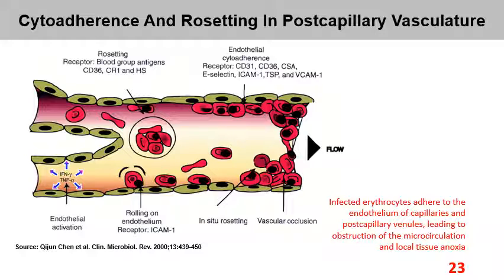Sequestration could be augmented by the ability of spontaneous rosetting, that is, the coming together of those red cells. Please note that infected erythrocytes often adhere to the endothelium of the capillary and post-capillary venule, leading to obstruction, and then the microcirculation becomes compromised.